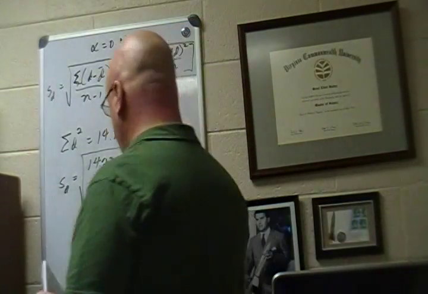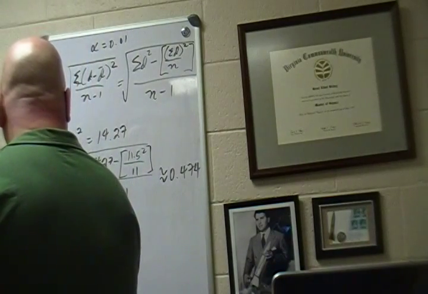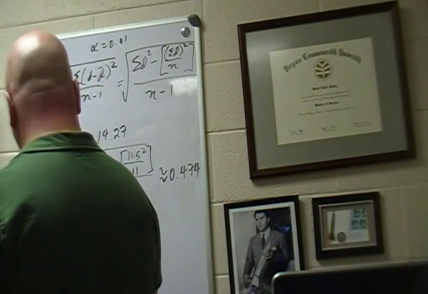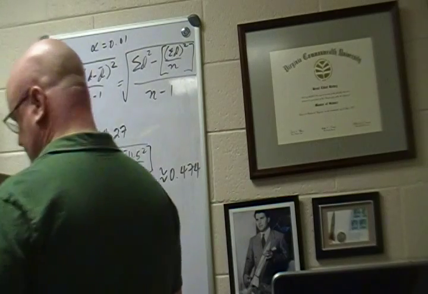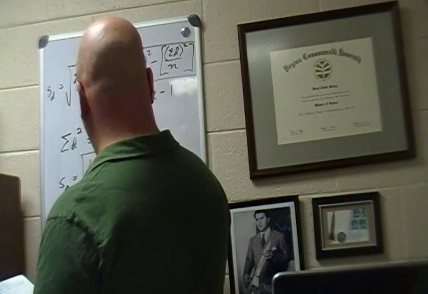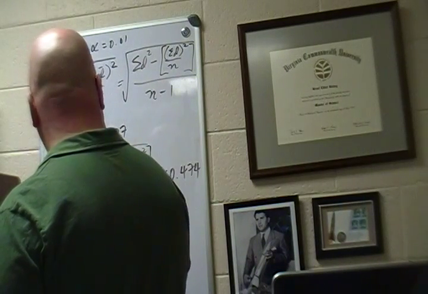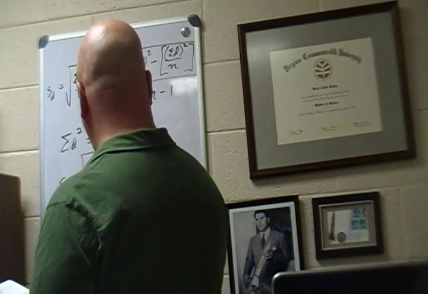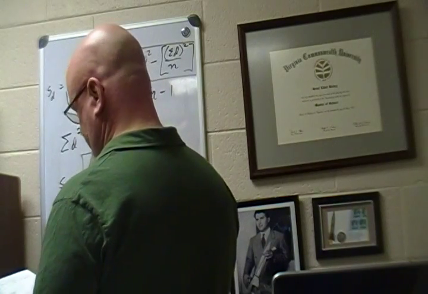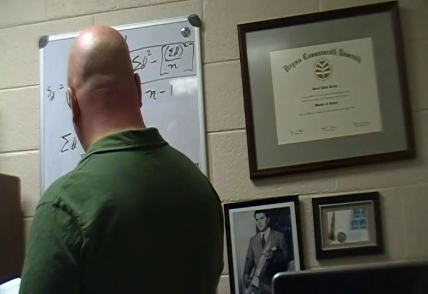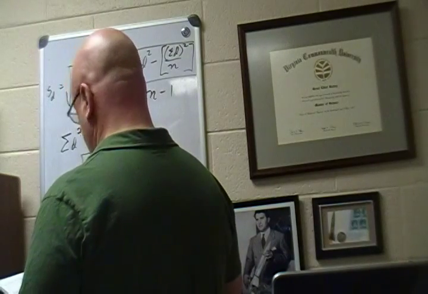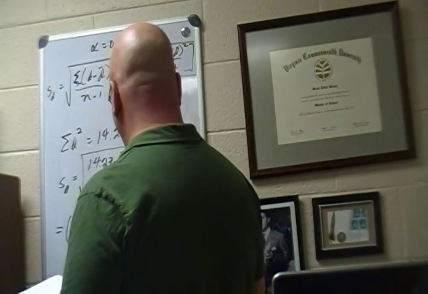So just to show you what it would look like in Excel, you'd go to a blank cell and type in equals. The numerator of this fraction is 14.27 minus, parenthesis, now this little fraction I have to do inside here, 11.5 squared, and we divide that by 11.